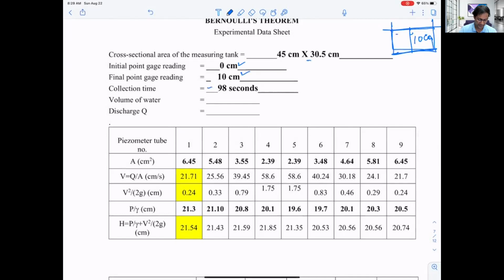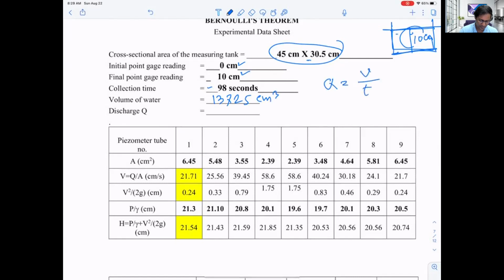It took 98 seconds. So what will be the volume of water? V. The volume of water is the area multiplied by the depth, right? So it will be 45 into 30.5 into 10. It is going to be 13,725 centimeter cube. And what is the Q? We know Q is equal to V over T, right?